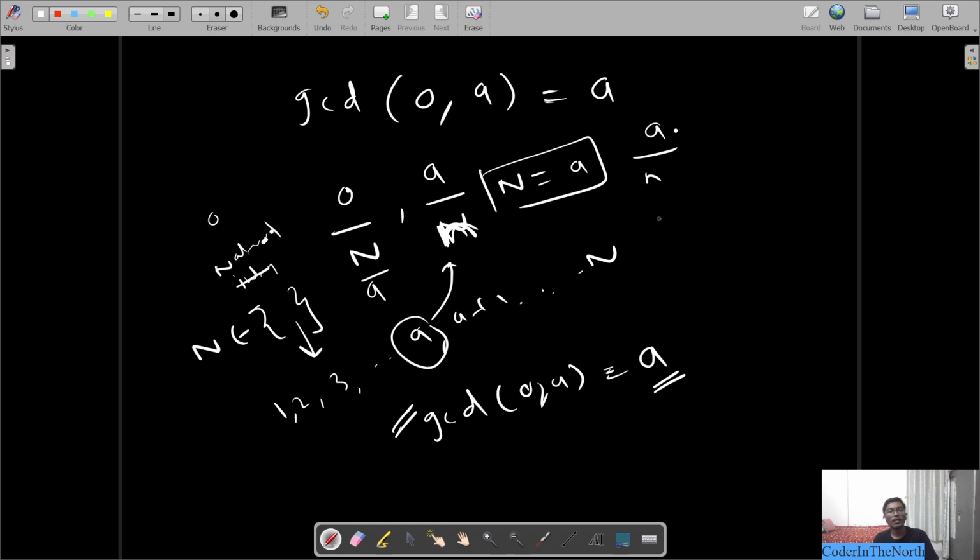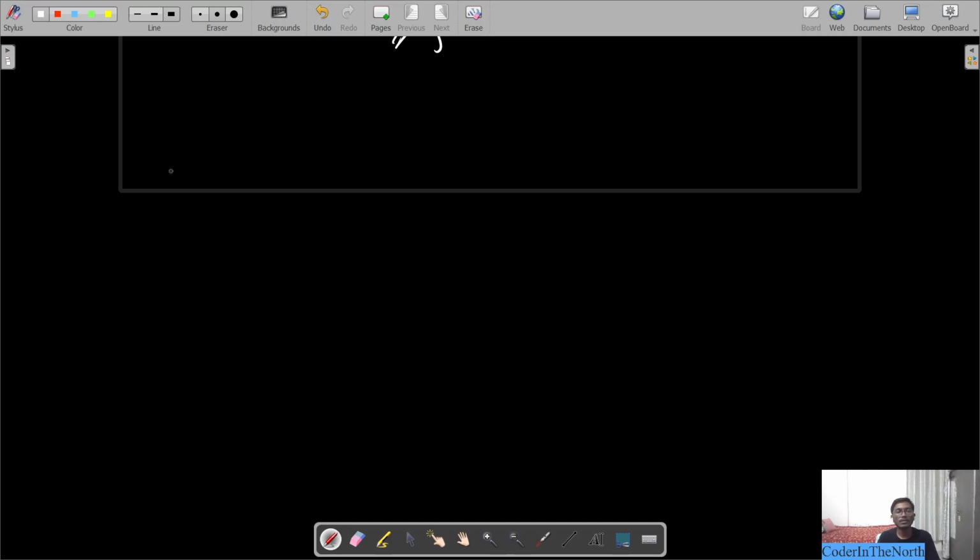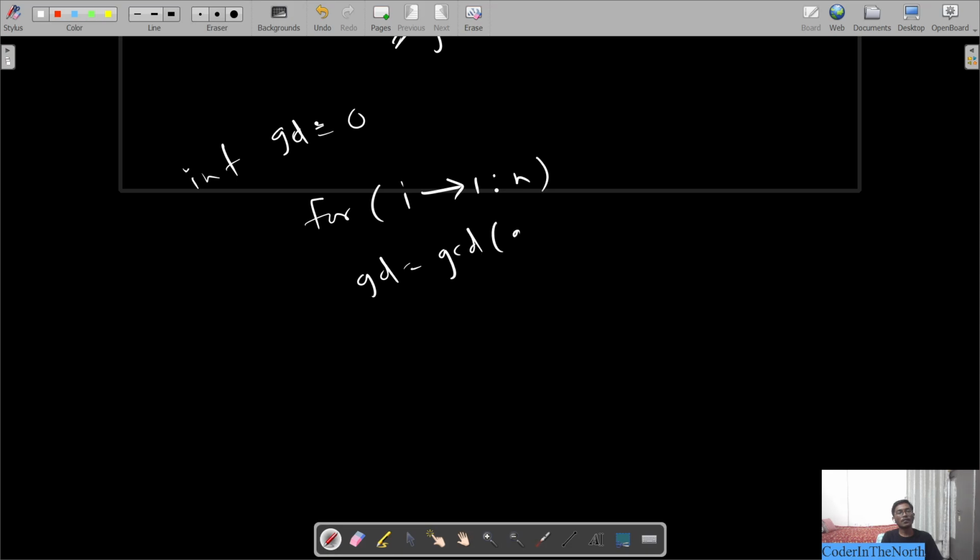Now when it comes to multiple numbers, what we can do, we'll first assign GD equal to 0. Consider we have the GCD calculated in GD, and for all that range 1 to n, GD will be GCD of GD comma whatever number is in that array.